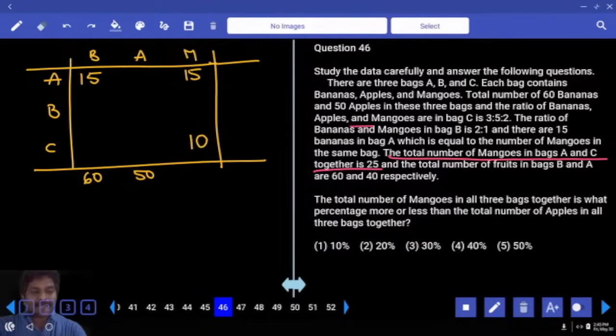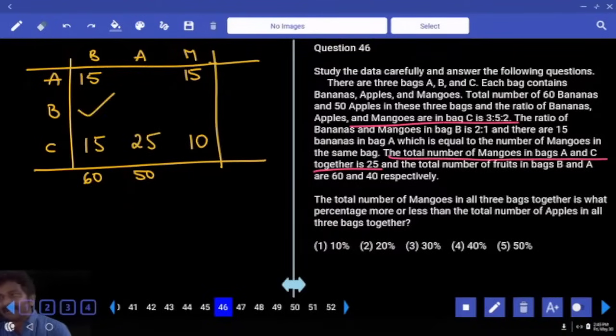Now let me go back. Ratio of banana, apple and mango in bag C is 3:5:2. How many parts of mangoes do we have? 2 parts is equal to 10. 1 part 5. 3 parts 15. 5 parts 25. What should come in the tick mark place? 30.